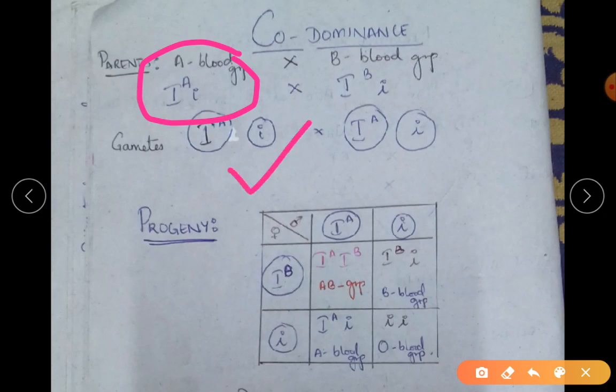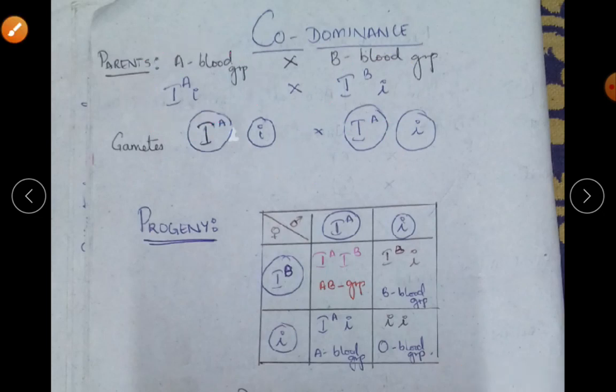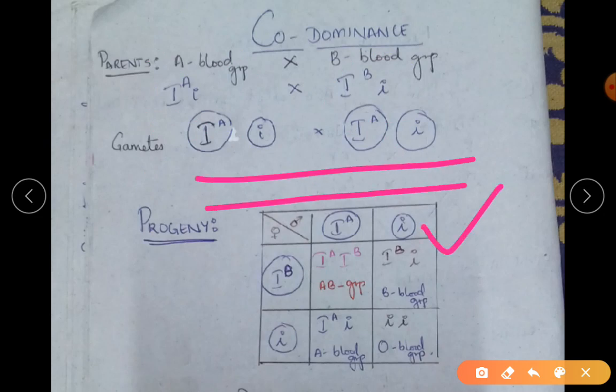In case it is possible to get the progeny, what is the requirement here? We have to include the gametes. So how do we produce the gametes? By segregation of each allele.